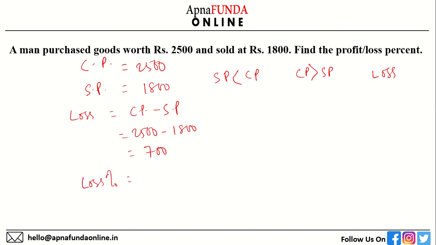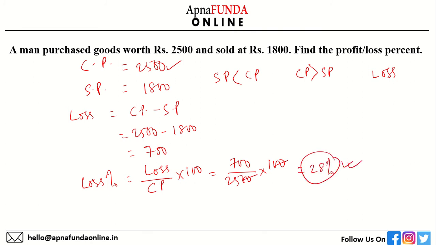Loss percent is equals to loss by cost price into 100. I hope you know this formula. So loss percent finally is 700 by cost price, which is 2500 into 100. 28% is my answer. 28% is what you should also get.